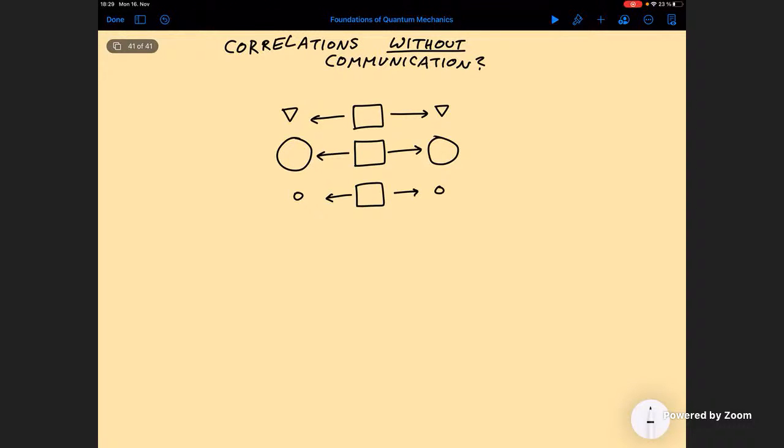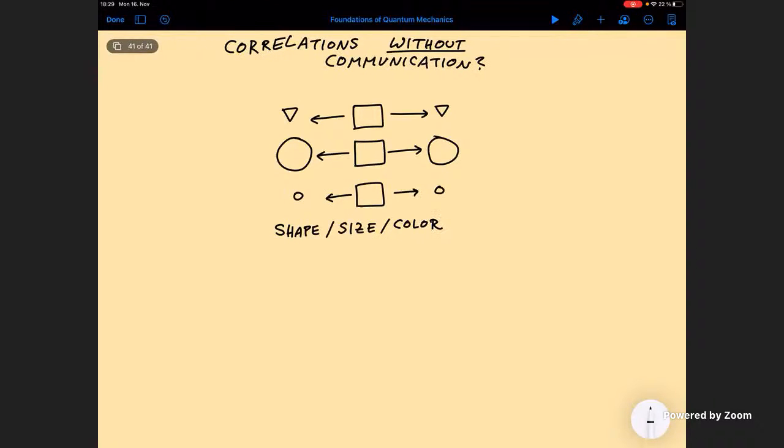And then what the stations could be doing is they just measure properties of these objects. For example, depending on the setting, 1, 2, or 3, you could measure the shape, so it's a circle or a triangle or a square. You could measure the size, or you could measure the color.